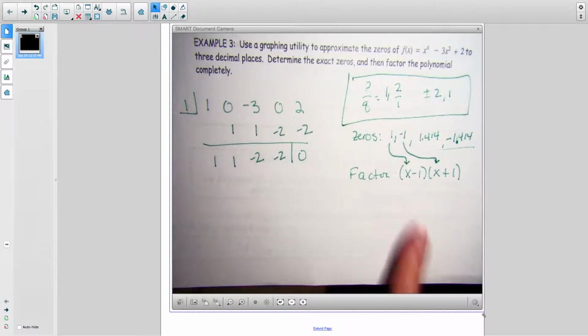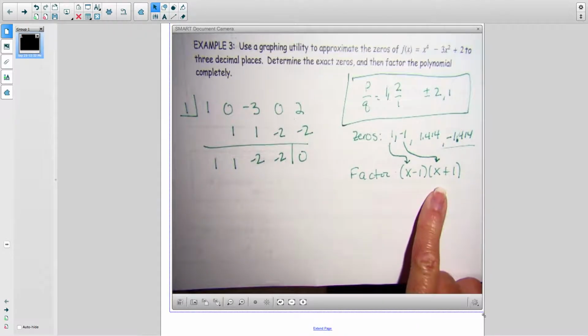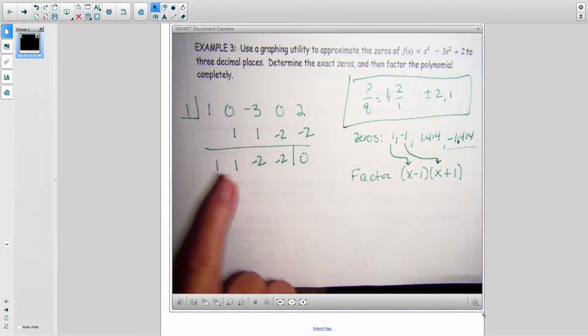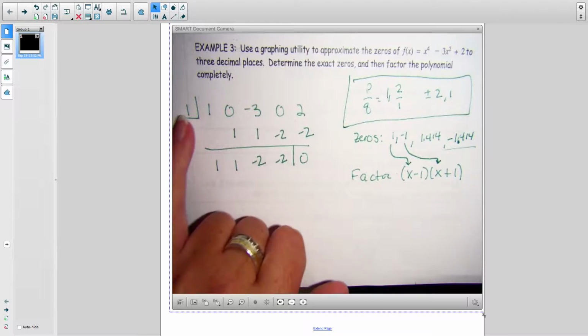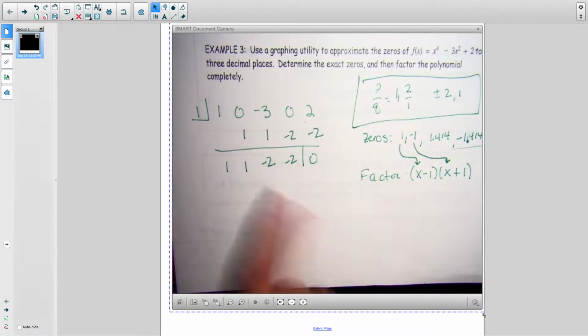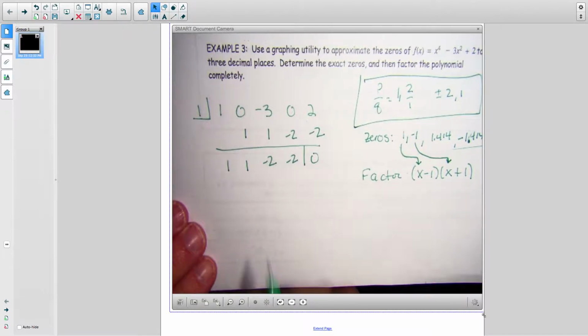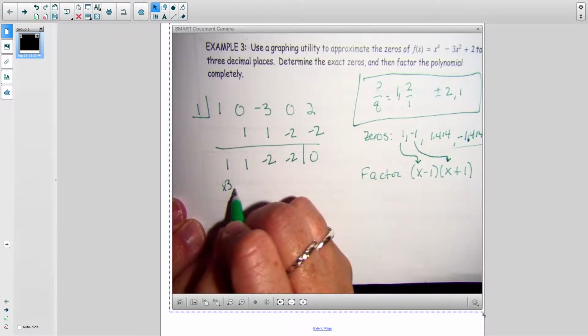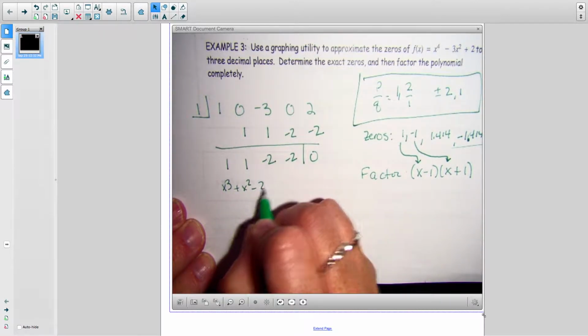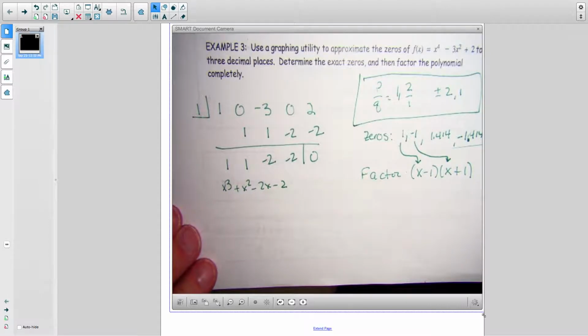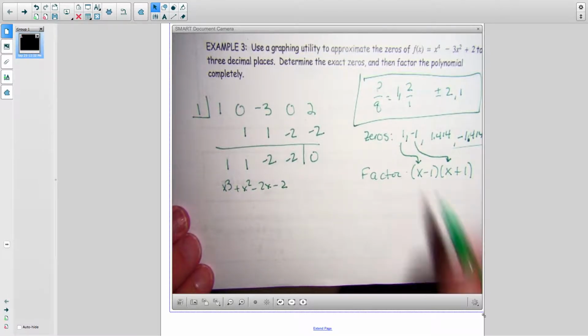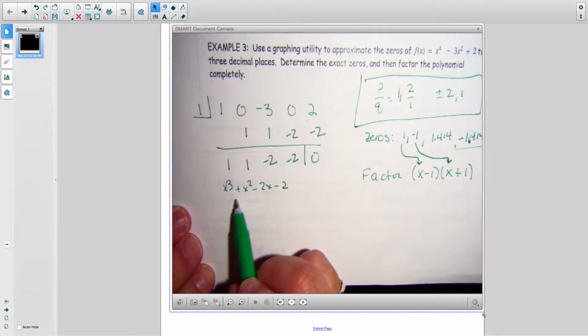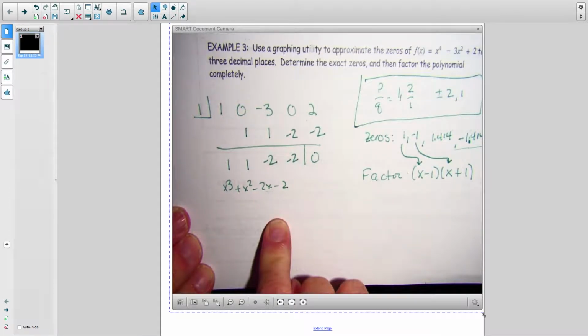From our zeros, we know x minus 1 and x plus 1 are factors. If 1 divides evenly into this, that leaves us with x cubed plus x squared minus 2x minus 2. We know now that negative 1 should factor into this, right?